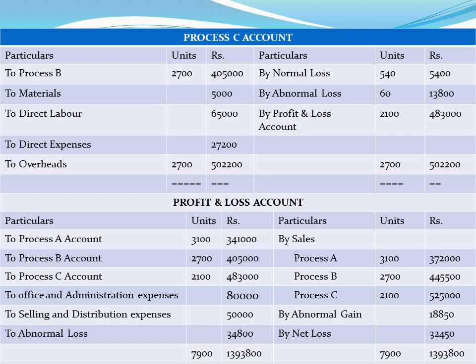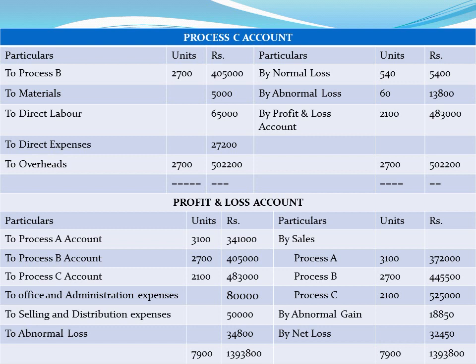Abnormal loss 60 multiplied by 230 is 13,800, and the profit and loss account, meaning 2,100 units, is 4,83,000 here. Now totaling both sides, there are 2,700 units on both sides, and the debit total of the process is 5,02,200 and 5,02,200 on the credit side.